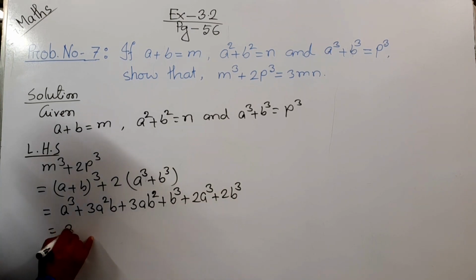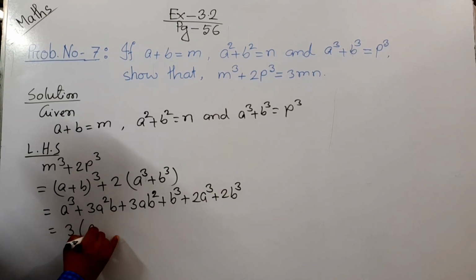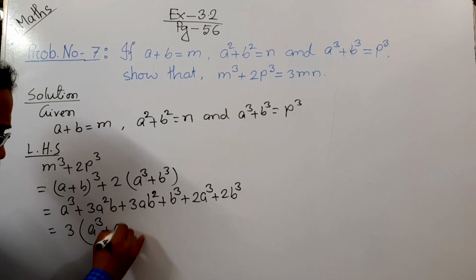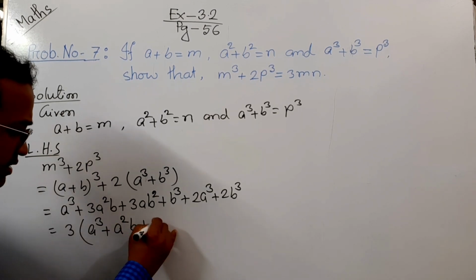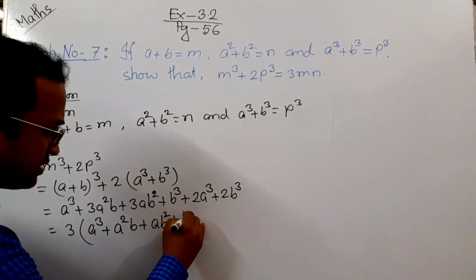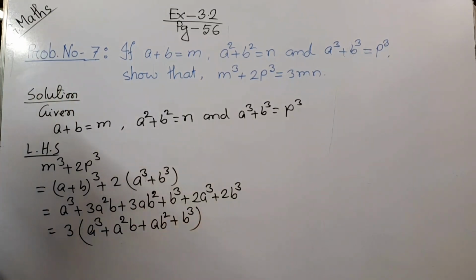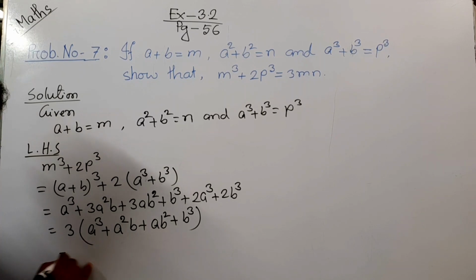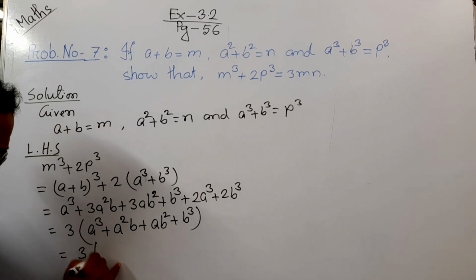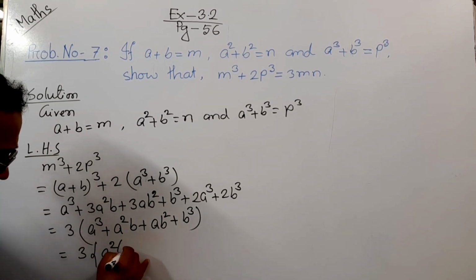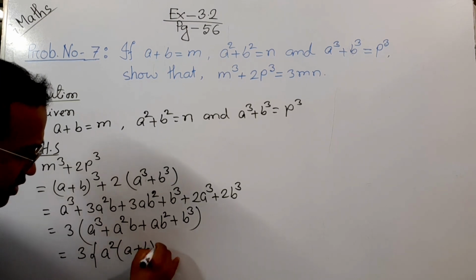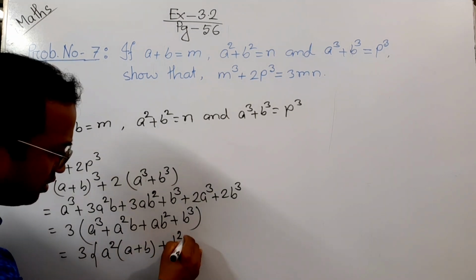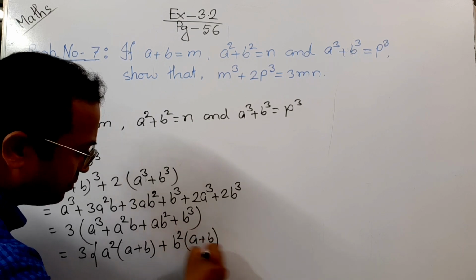So we can write like this: 3 common, a cube plus a square b plus ab square plus b cube. Now we will take common a square, it remains a plus b. Here b square, it remains a plus b.